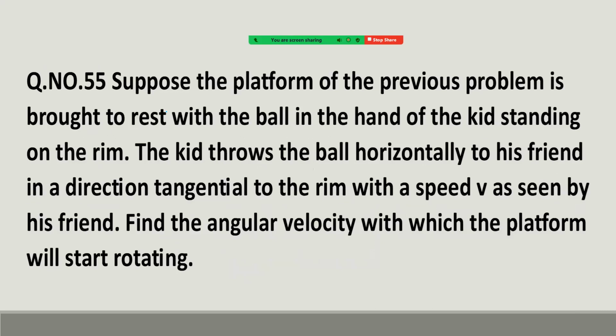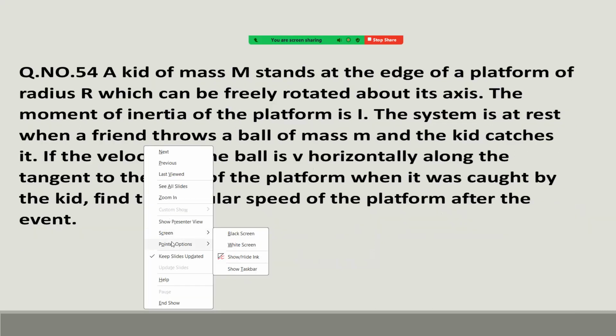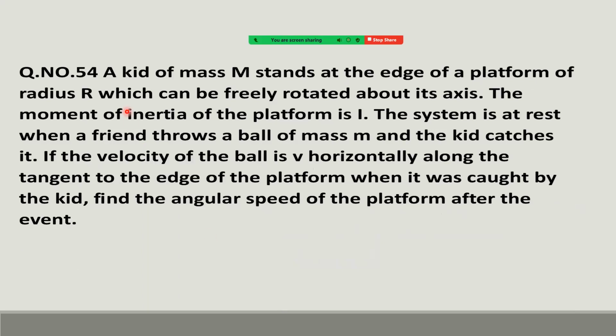See the next one. And this question is taken from H.C. Verma. See once. A kid of mass m stands at the edge of a platform of radius R which can be freely rotated about its axis. The moment of inertia of the platform is I. The system is at rest when a friend throws a ball of mass m and the kid catches it.